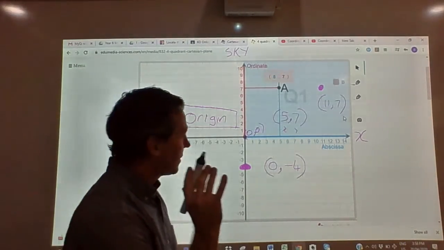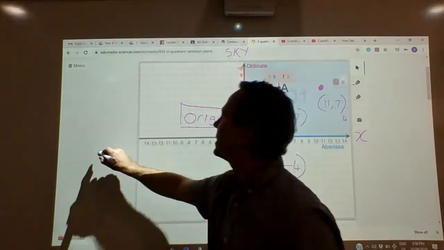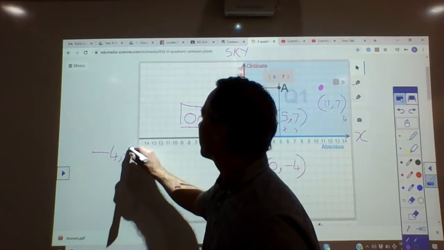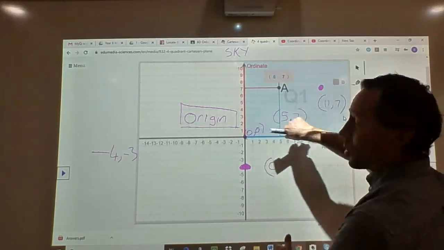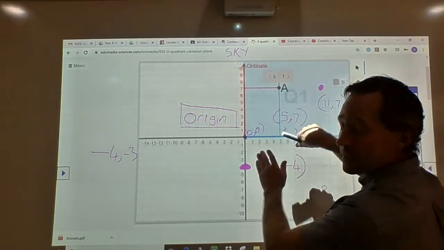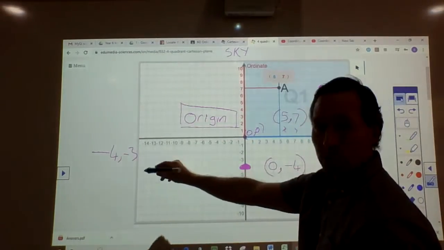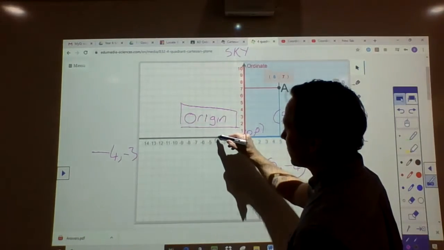I'll put this one, if we can see this, -4, -3. To find this, this way is positive. Remember on that clip it said negative we go to the left. Say -4, so x-axis, -4. I go along and here's -4 here.